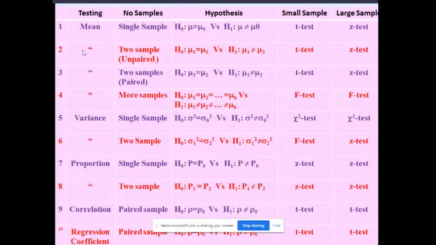There are different types of F tests, but specifically here I am specifying this. Testing of the variance is also an F test, but the ordinary analysis of variance is only for the equality of the means of several populations.